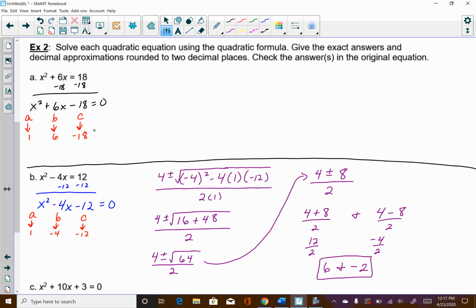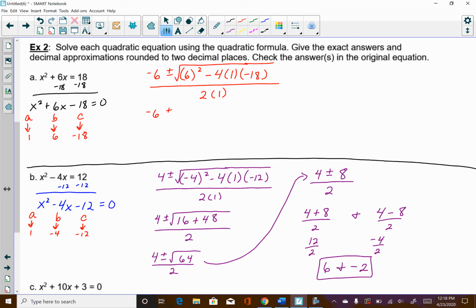All right, so now you're ready for your formula. The formula says opposite B, so the opposite of positive 6 is negative 6, plus or minus square root B squared, so 6 squared, minus 4 times A times C, all over 2A, so 2 times 1. Okay, now from here, let's clean up that square root.